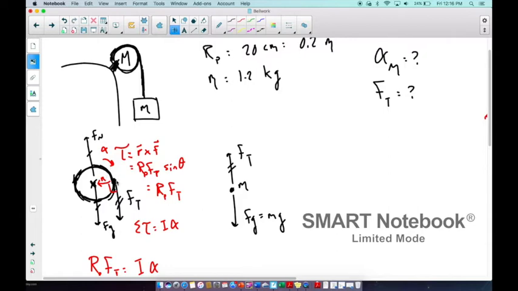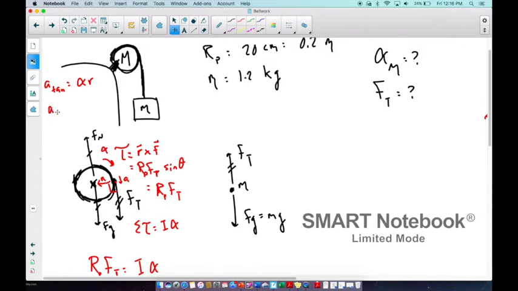Because think about it, a point right here having a downward acceleration, that's a tangential acceleration, isn't it? Do I have some expression that relates tangential quantities to rotational quantities? I sure do. I know that a_tan is equal to alpha r, where r is the distance away from the axis of rotation to that point. Well, that's just big R, isn't it?